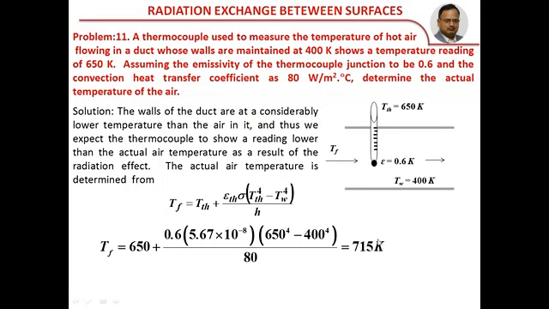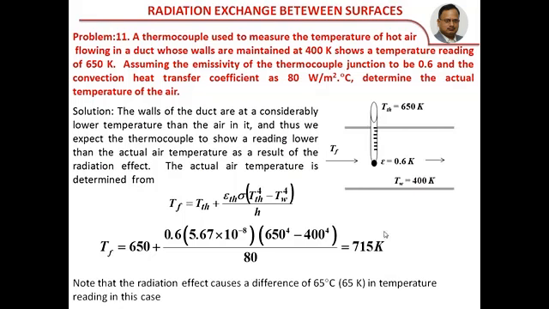So if you want to reduce this type of error, the best thing is to keep radiation shields. Two radiation shields we will keep parallel to the flow and perpendicular to the paper, such that the flow is not obstructed, but because of these radiation shields, the radiation heat loss from this bulb is restricted. Thereby, the error in the temperature measurement will become low.